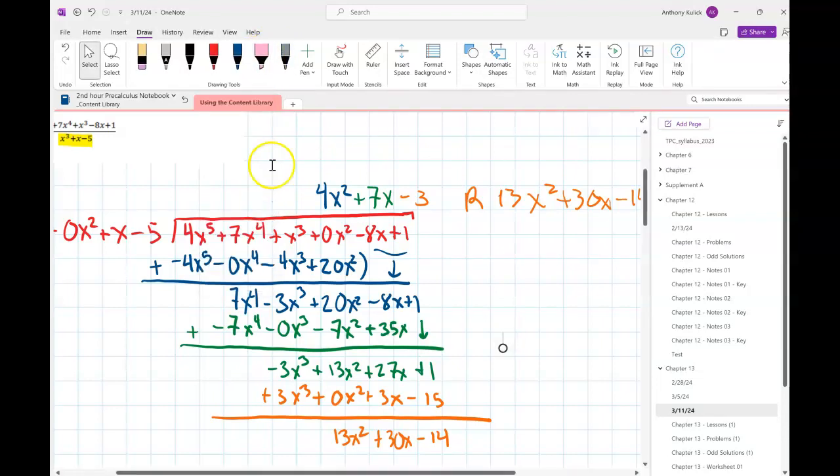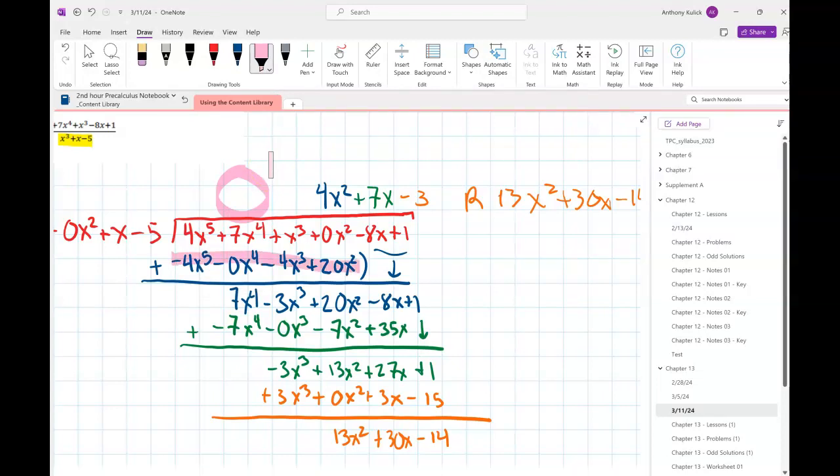What I'm saying is, if you write 4x squared here, that's fine because you're still going to write that part right there, and everything is still right. Where you put the 4x squared up above, I don't care. I try to line it up so that all the degrees line up vertically. But if you didn't do that, it's not wrong. What matters is that you get the right thing here and here. Does that make sense? Yeah. Okay.